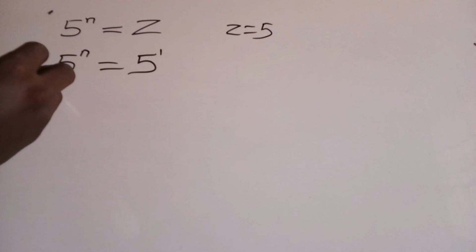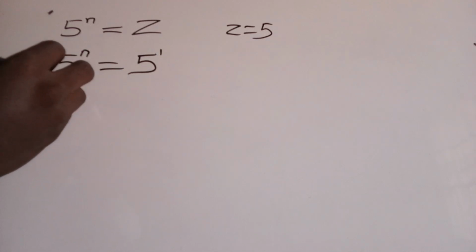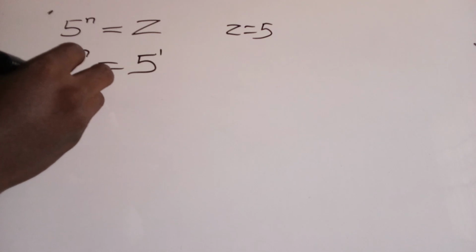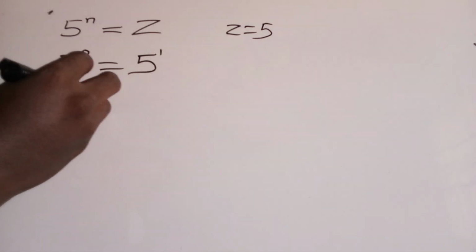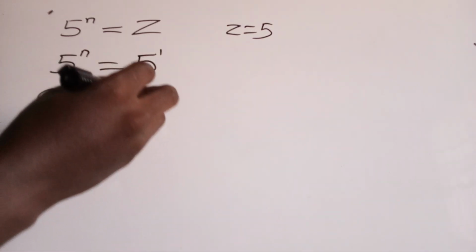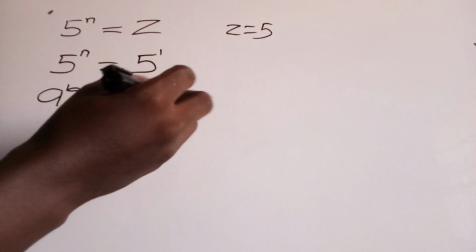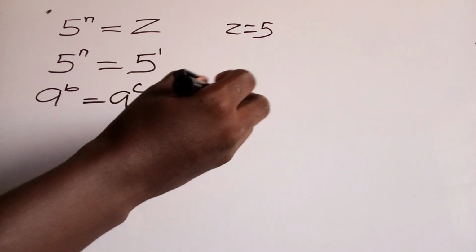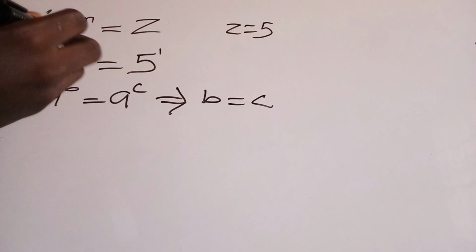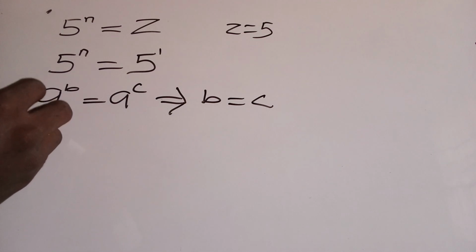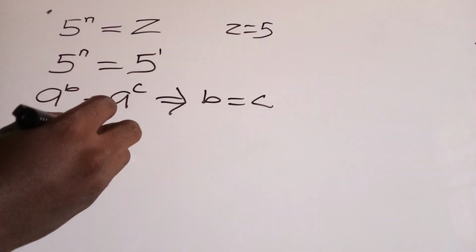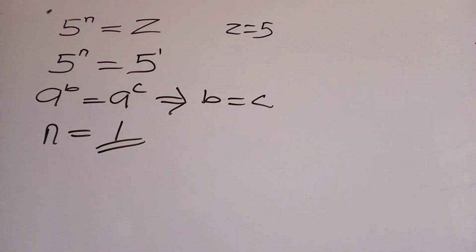The law that says if a raised to power b equals a raised to power c, this can be written as b equals c. Therefore n equals 1. So the value of n here is 1.